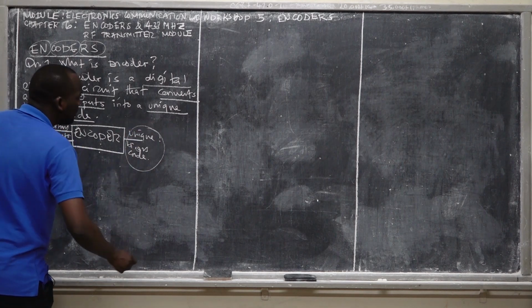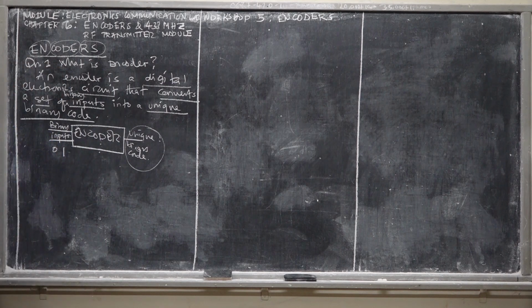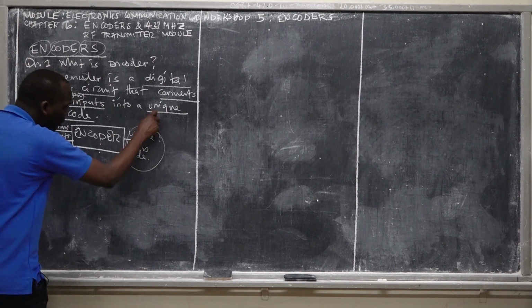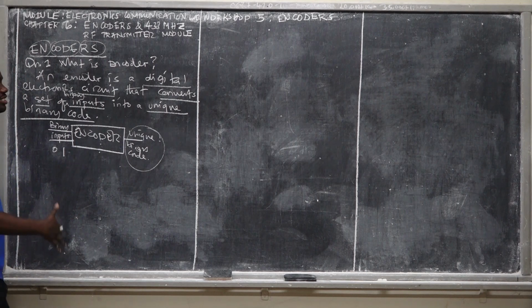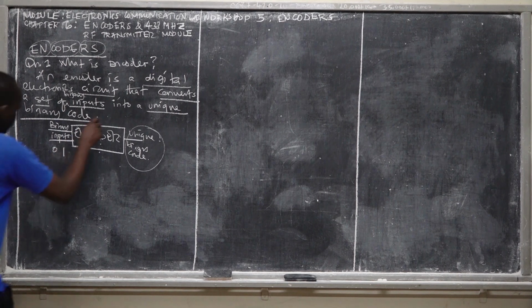We might have billions or millions of information signals in the airspace, but each information signal passed through the encoder will be encoded in such a way that it has its own unique binary code, which you can use to distinguish it from other information signals. This is one of the definitions.